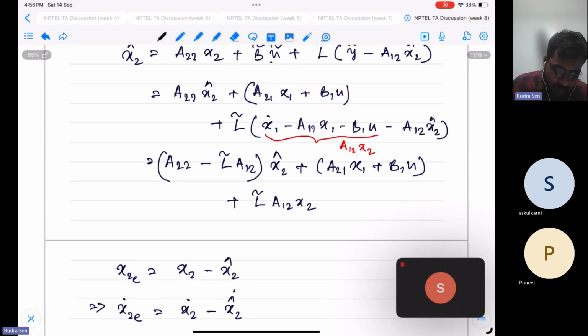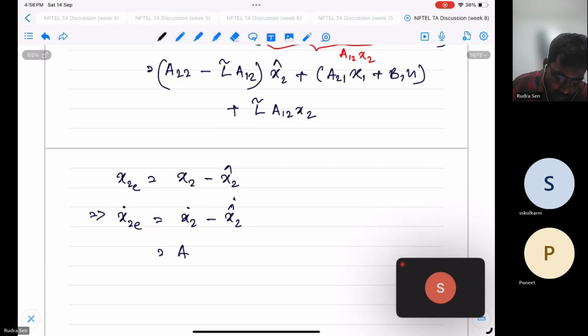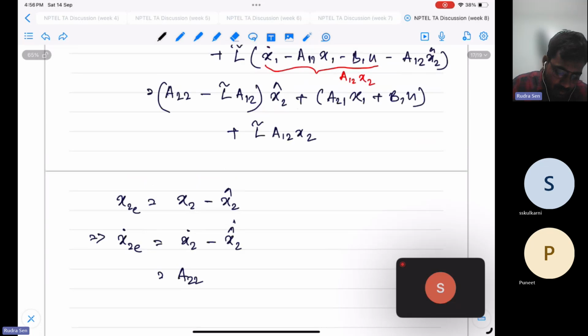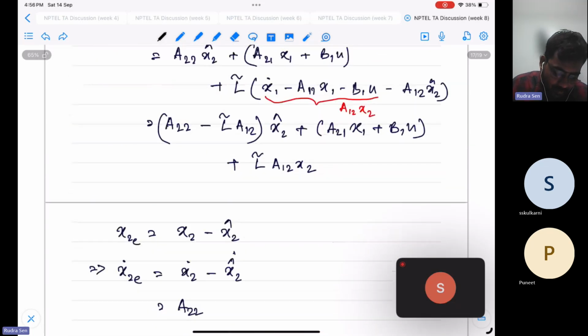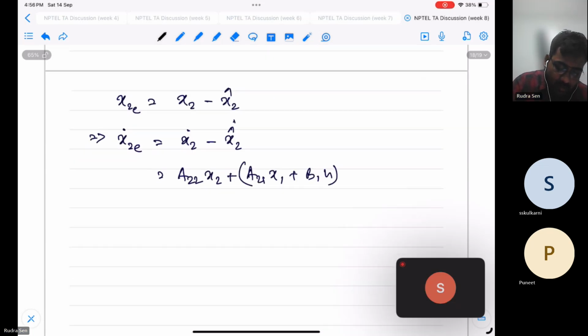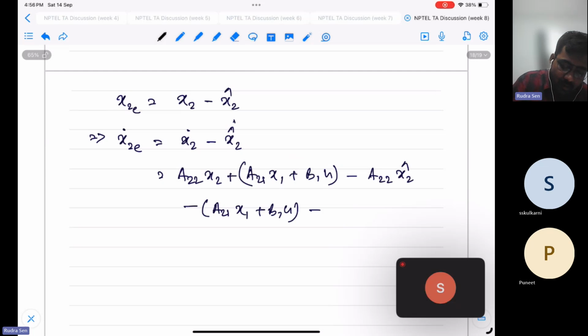So this is basically A22 x2 plus A21 x1 plus B1u, minus A22 x2 hat minus A21 x1 plus B1u minus L tilde A12 x2 hat.